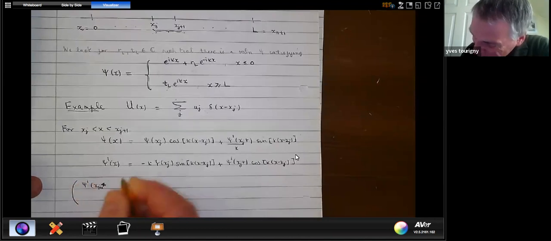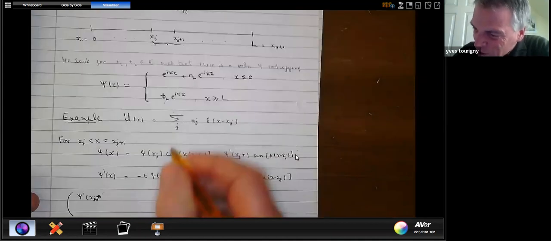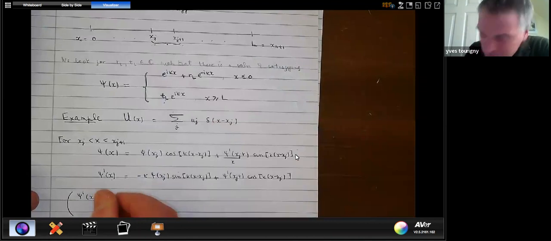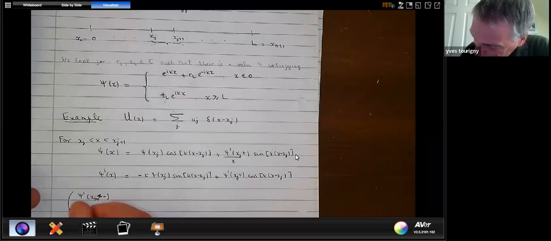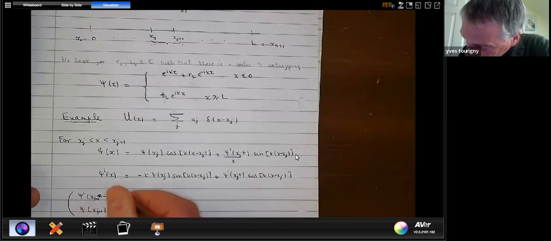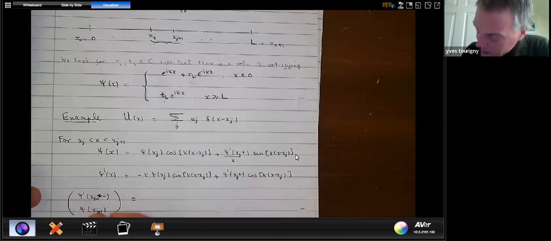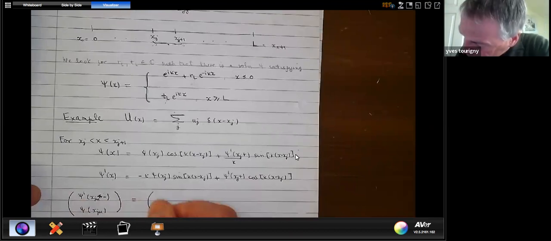Okay, so now I set x to be equal to xj plus 1, so that gives me the derivative at xj plus 1 from the left, and then I have the value at xj plus 1 that I'll be able to express in terms of the same, but at xj, not quite the same, because, let me write it.